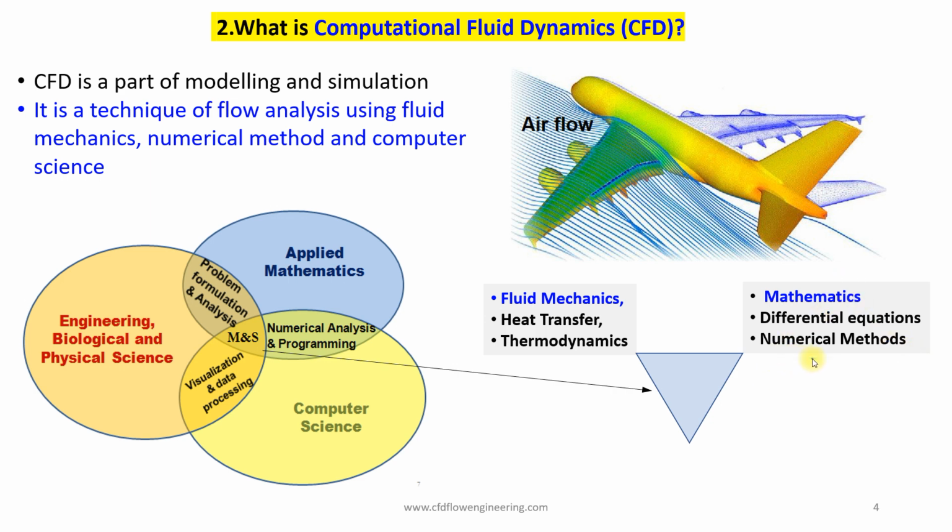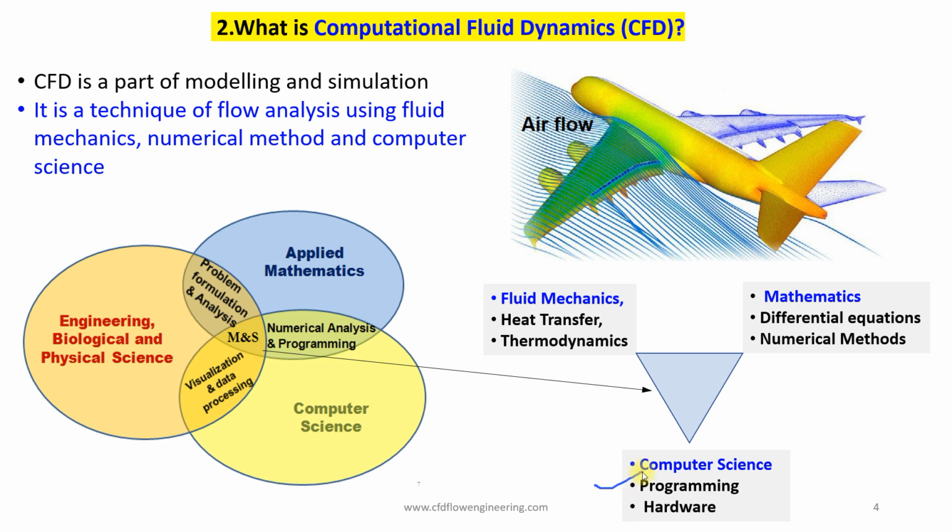What are numerical methods in mathematics? For example, the finite volume method, finite element method or finite difference method. After converting into a large set of algebraic equations, these equations cannot be solved using a simple calculator or hand calculation.